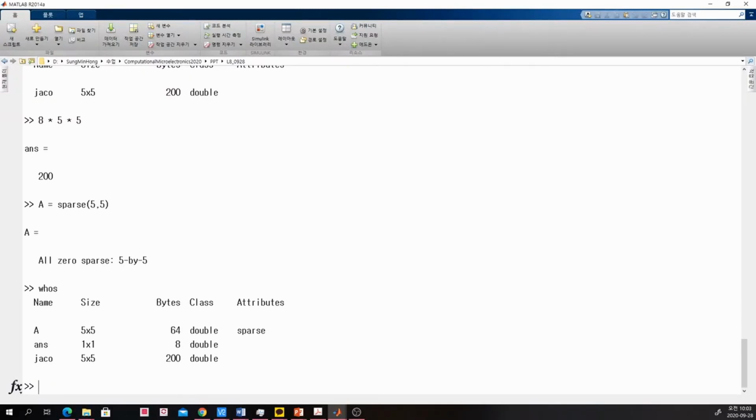Anyway, in the case of the Jacobian matrix, since this is a full matrix, when we change our entry values, that does not change the bytes.